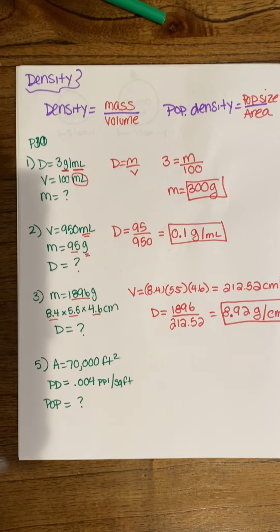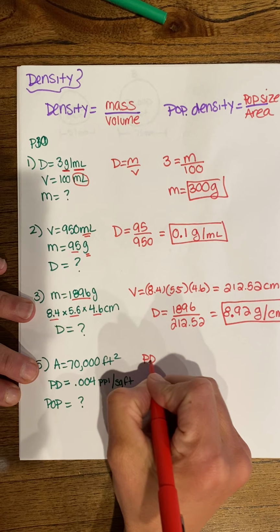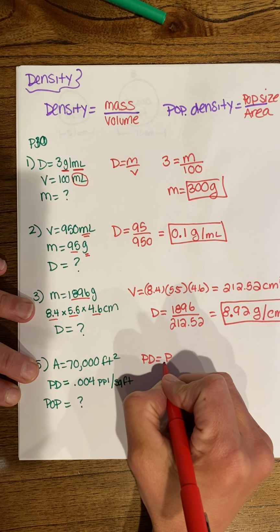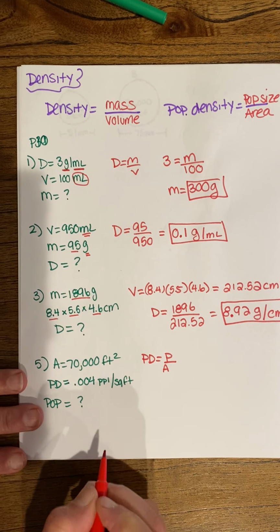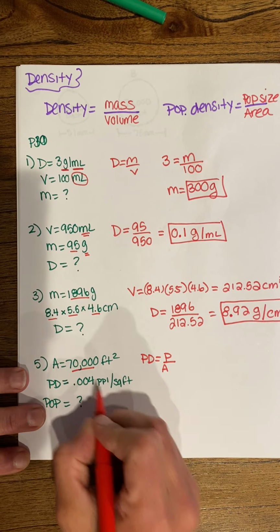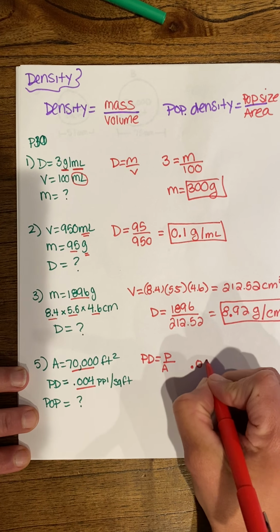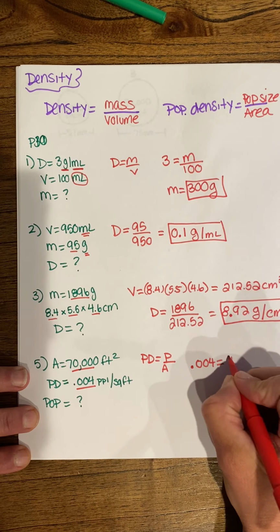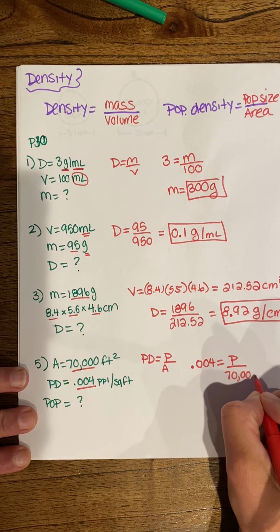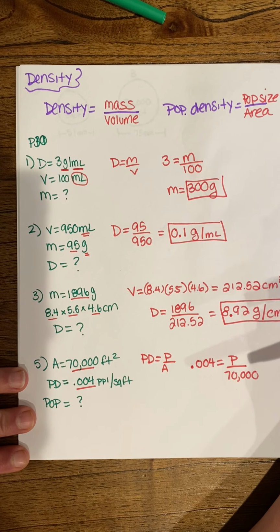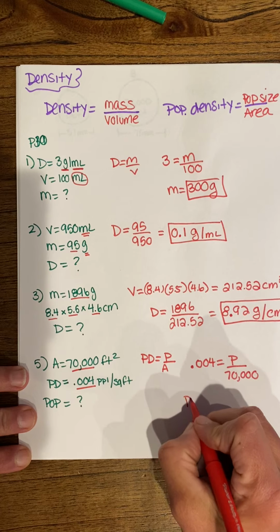So on this one, we're going to use the formula that the population density is the population divided by the area, okay? So here I have the area, I have the population density, right? So I have 0.004 equals the population, which is what I'm looking for, over 70,000. So again, it's just another cross multiply here, and when you cross multiply on this one, you get 280.